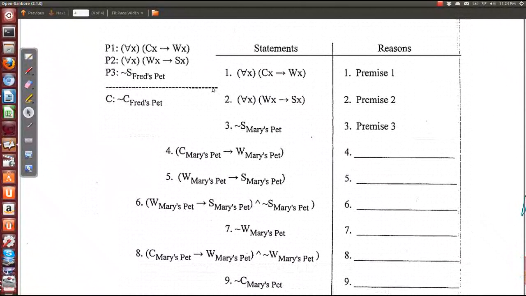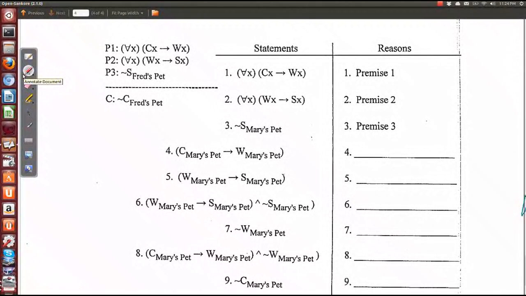So I've got my universal x, C(x) conditional W(x). Got universal x, W(x) conditional S(x). And I've got the negation S, Fred's pet. Fred's pet is the subject.